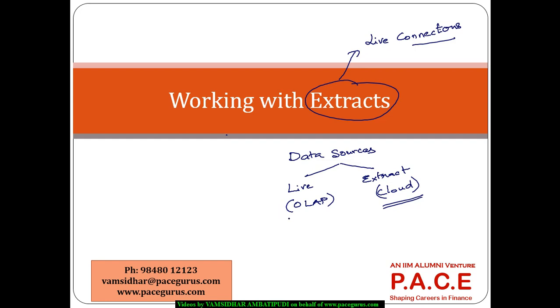But what is the difference? When I do a live connection, Tableau is directly querying the data source. A direct query is being put to the data source, and if there is some kind of cache, the query would be initiated on the cache.